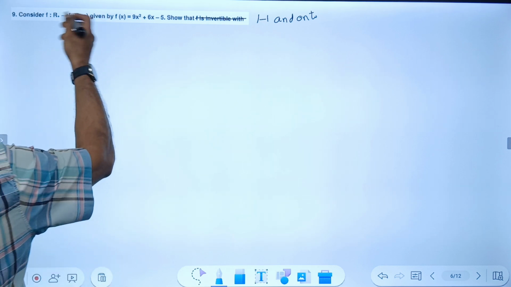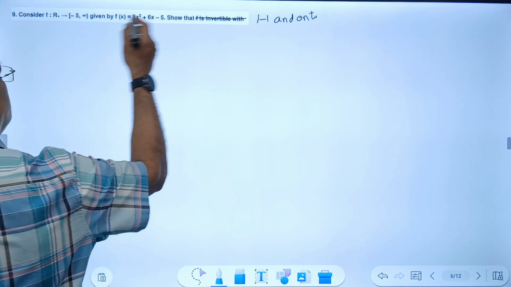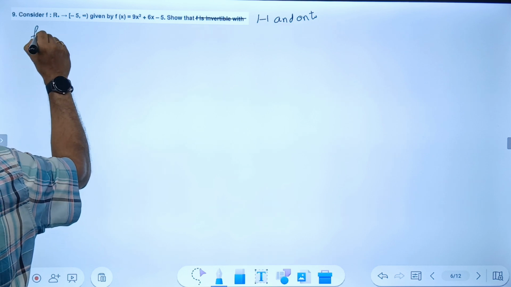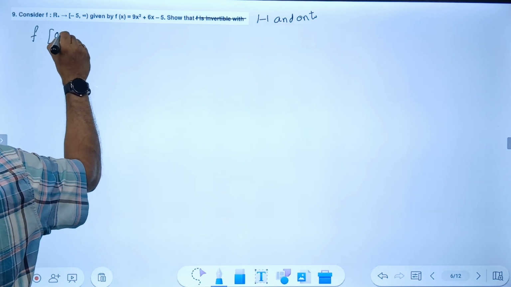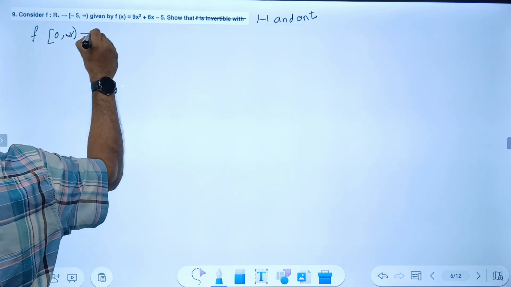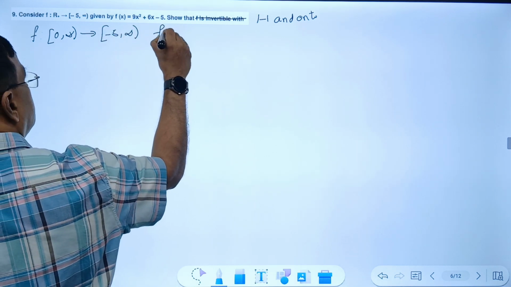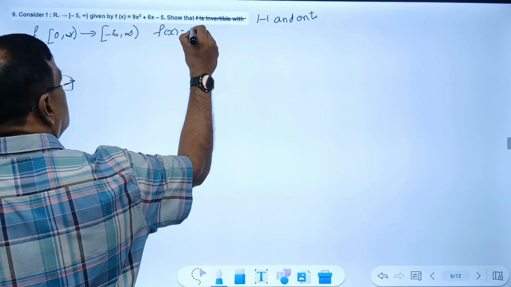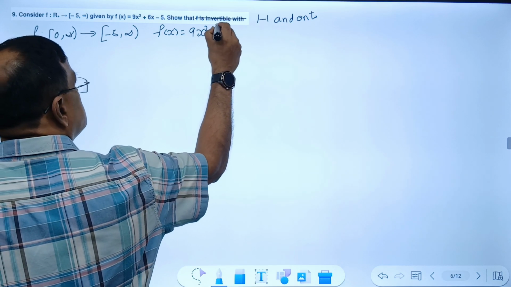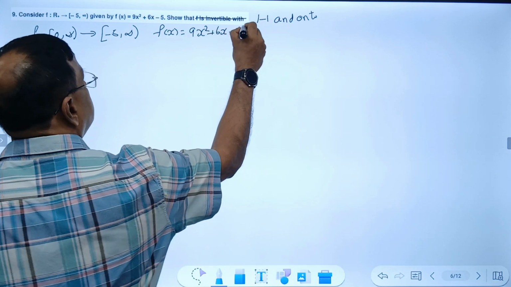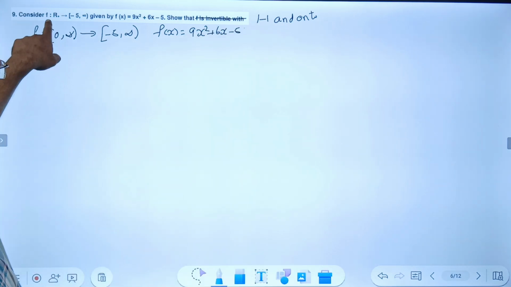Now here, once again, f is a function from R plus to minus 5 comma infinity, defined as f of x is equal to 9x square plus 6x minus 5. R plus is 0 to infinity.